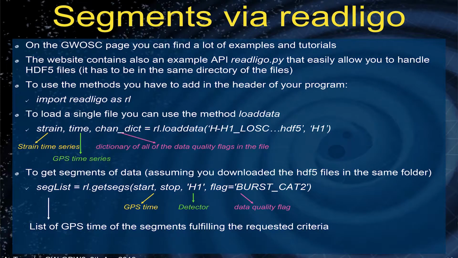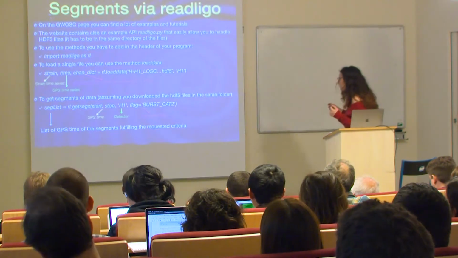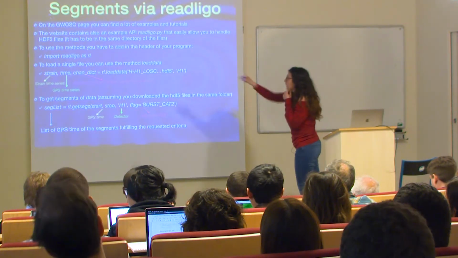So, until now I showed you how to play a bit with the website, but we also provide an API called readligo that helps you in dealing with the data and with these segments. You can find it on the website. You just import it, like with this import readligo.